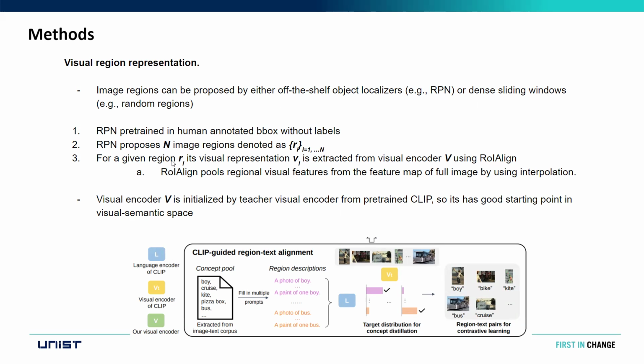For each region, its visual representation is extracted from the visual encoder using ROI align. This ROI align pools regional visual features from the whole image feature map using interpolation.